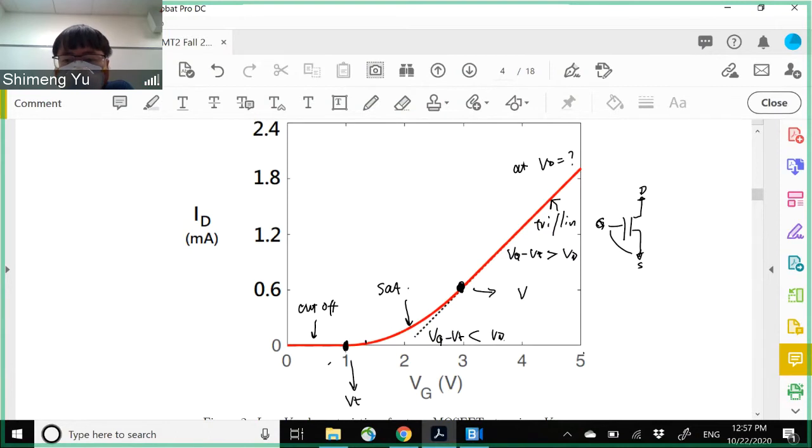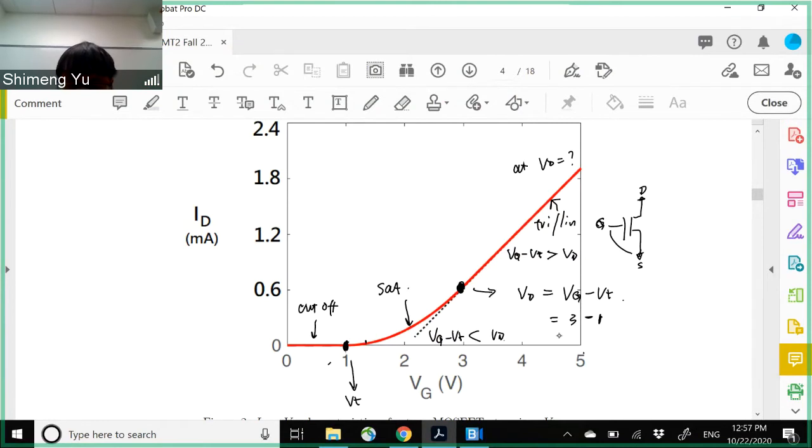So this boundary, if you recall, is this one, right? We are comparing Vg minus Vt versus the Vd. So that is the boundary. This Vg here is like 3 volts. Vt is 1 volt.